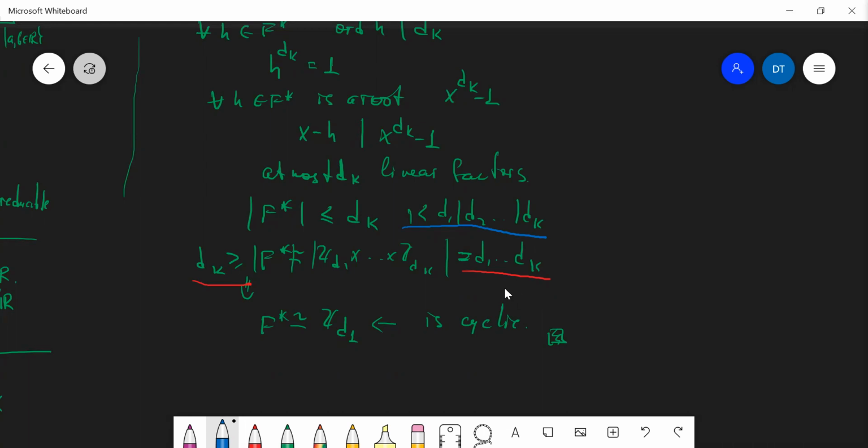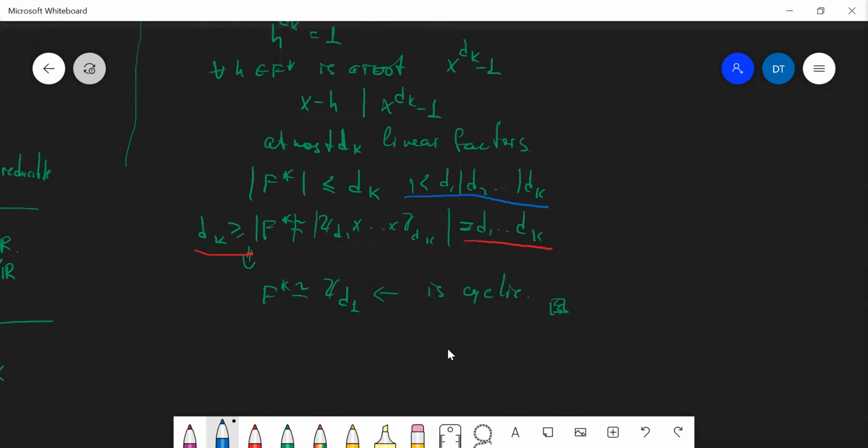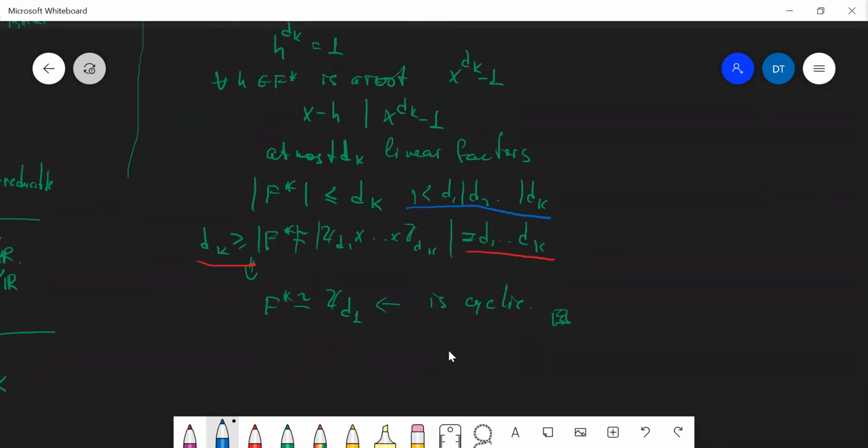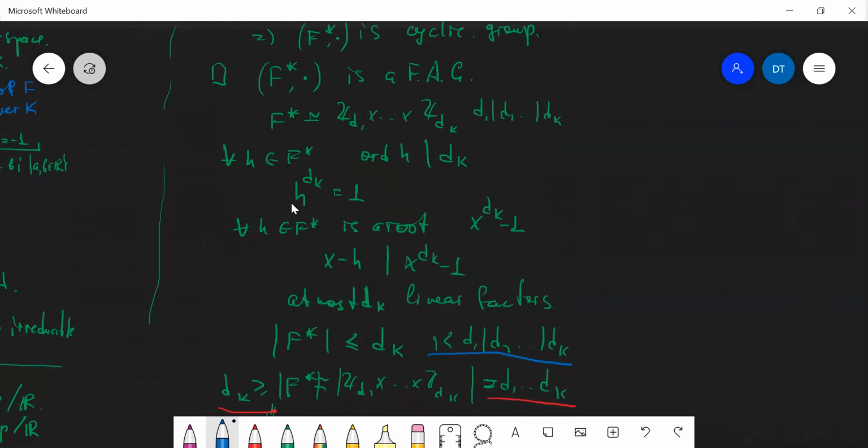Yeah, okay. I mean, yeah, now it's clear, but how do we know that dk is greater than the number of elements of F*? No, not greater, the number of elements is at most dk. Oh, that was this part. So here is the proof that the amount of elements in F* is not greater than dk. So because of this isomorphism, we proved this. h to the dk is equal to 1.